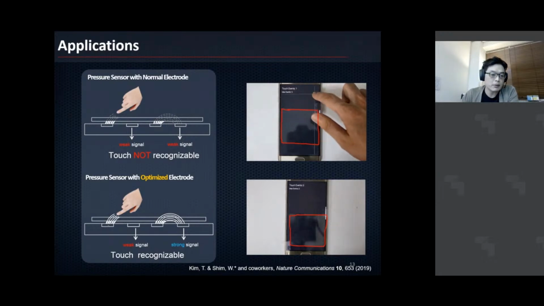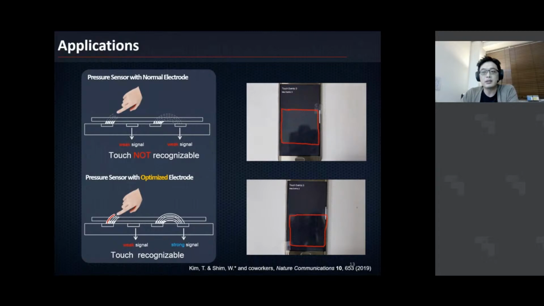If you look at the scheme right here, a radio frequency 100 megahertz electromagnetic wave can penetrate this device. So in this scheme, we engineer a transparent electrode that is not only transparent to visible light, but also transparent to radio frequency. That's the major concept in this case.